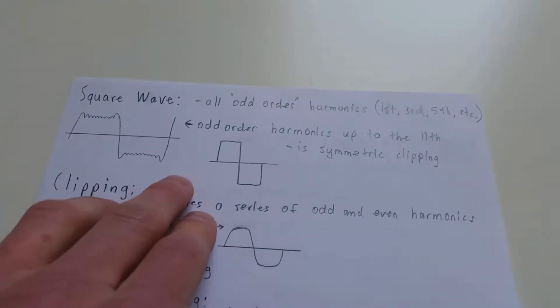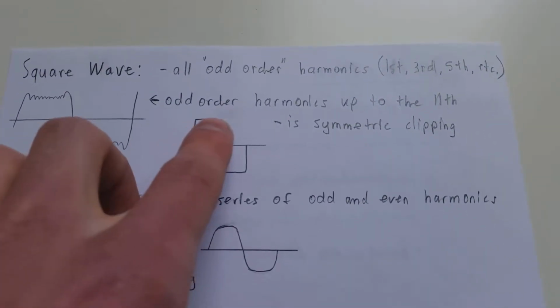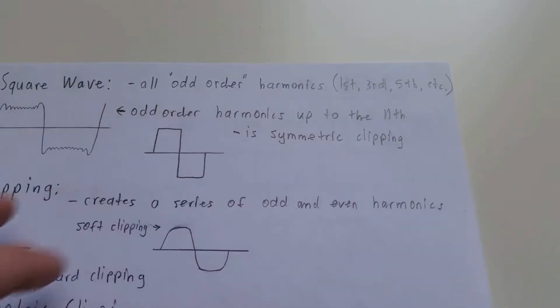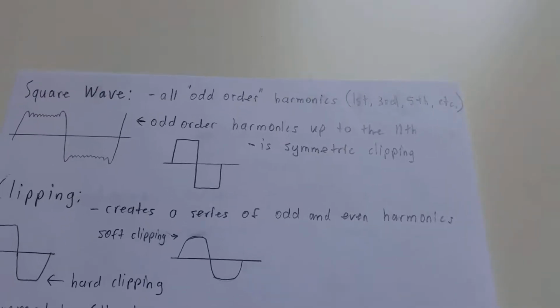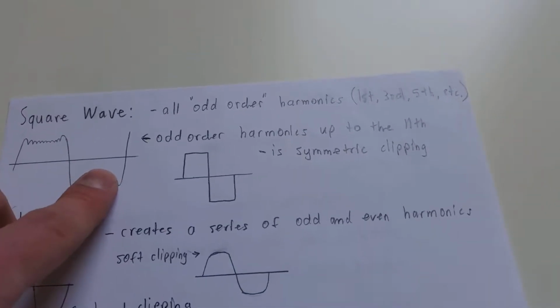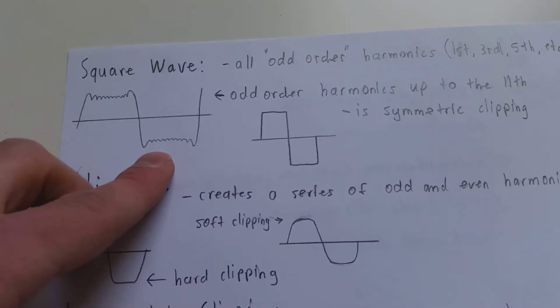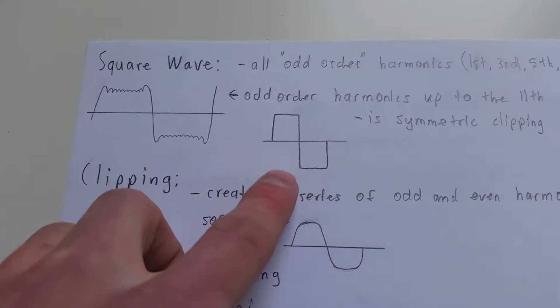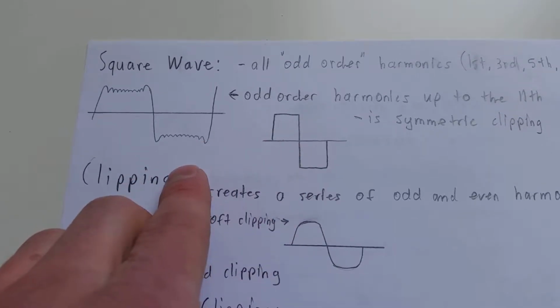A square wave is basically all odd order harmonics. Odd order being the first, third, and fifth. And it creates the square wave shape. As you can see, if you sum together all of them, it looks more like a square with edges that are straight up and down.